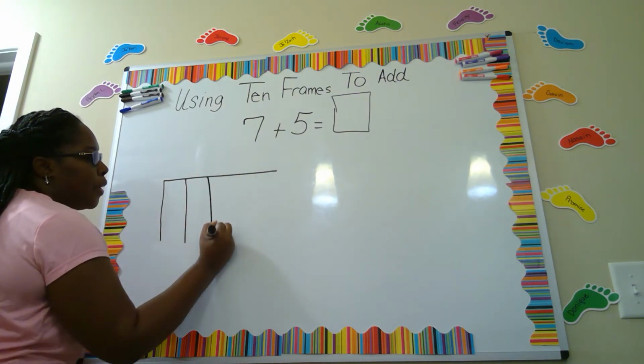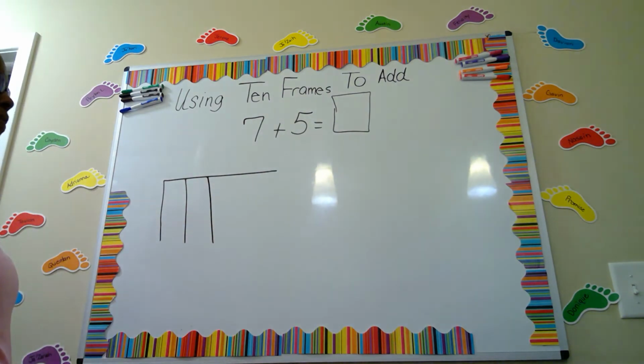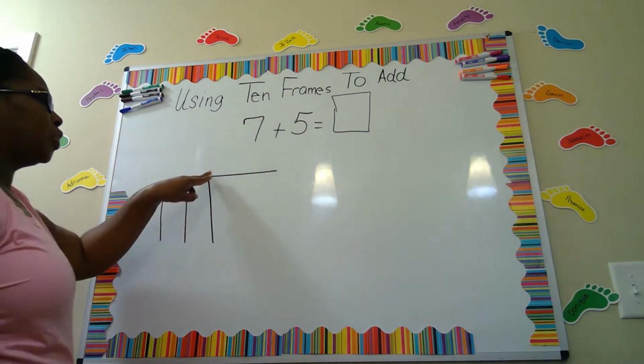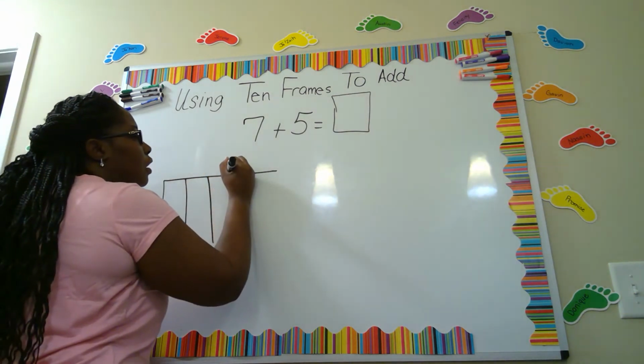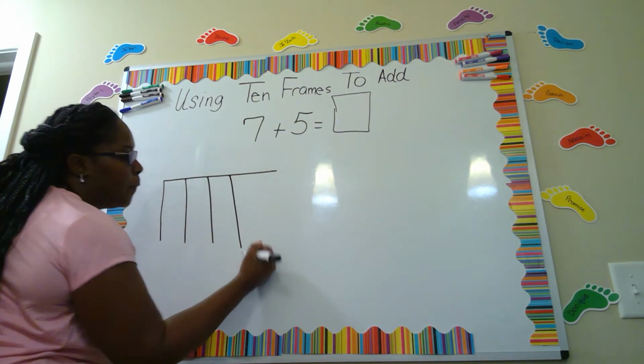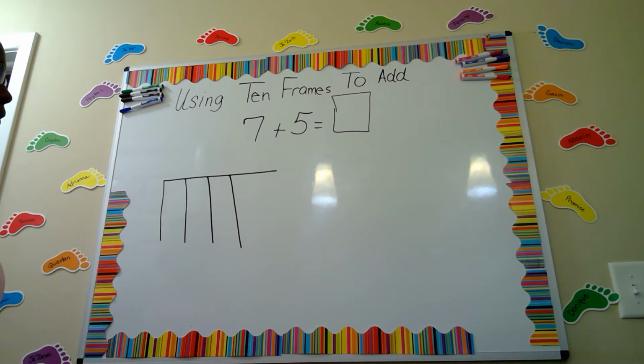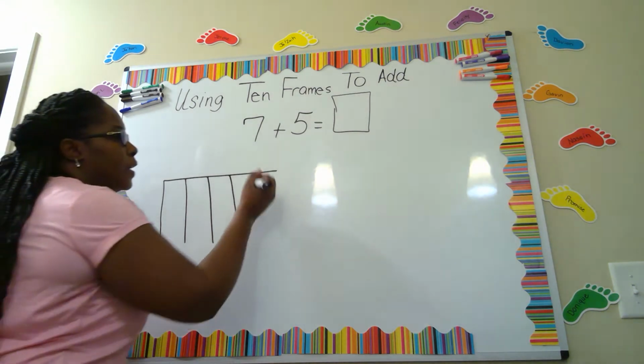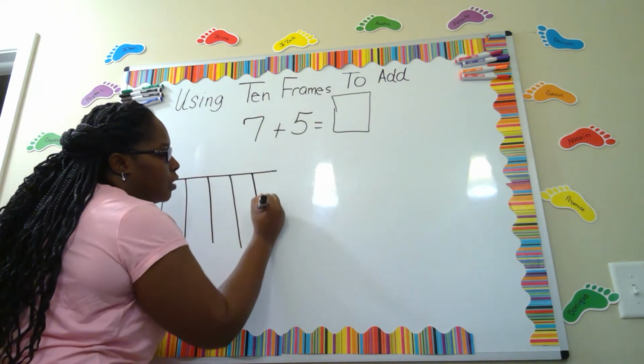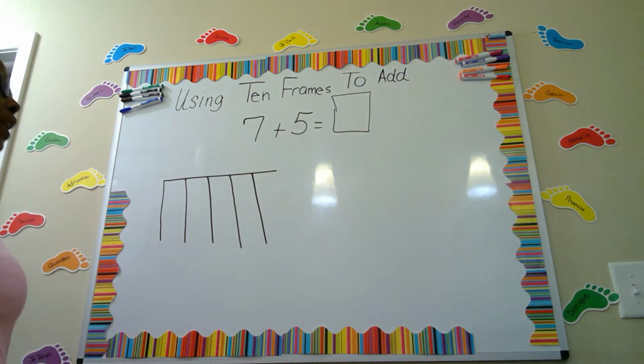Draw down my third line. Use my 3 fingers again. Draw down my fourth line. Use my 3 fingers again. Draw down my fifth line.